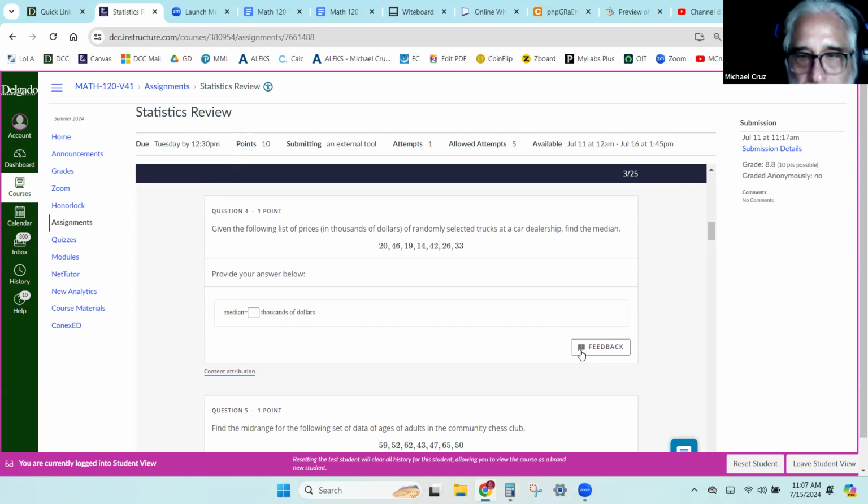All right, so given the following list of prices in thousands of dollars of randomly selected trucks at a car dealership, find the median. So the median is the one where we've got to find the middle value. But before we do that, we've got to make sure the data is ordered. So it doesn't appear to be ordered because I see a 14 here. So let's order it.